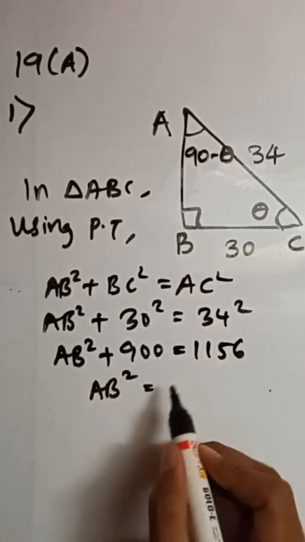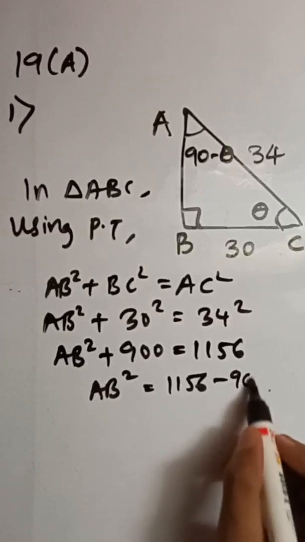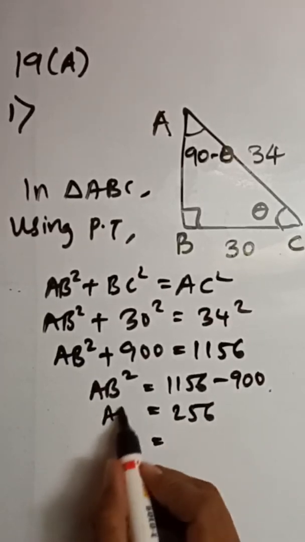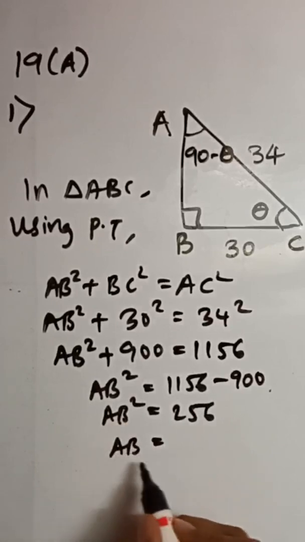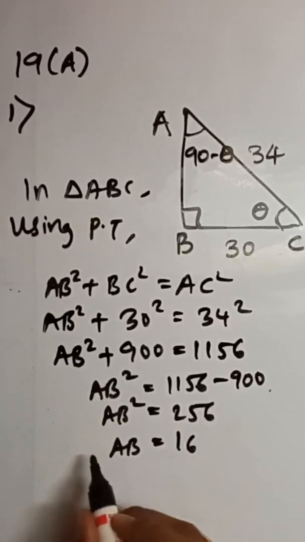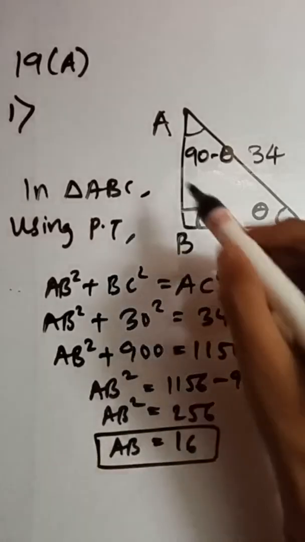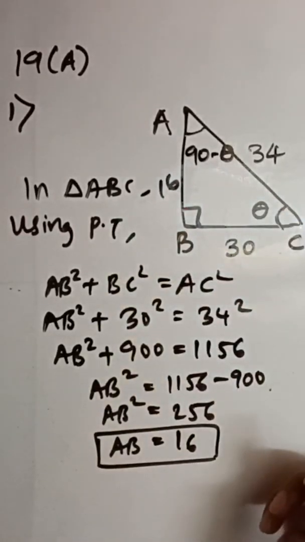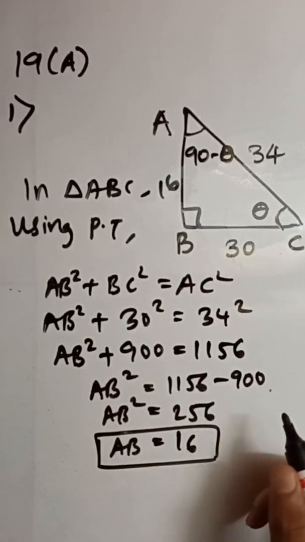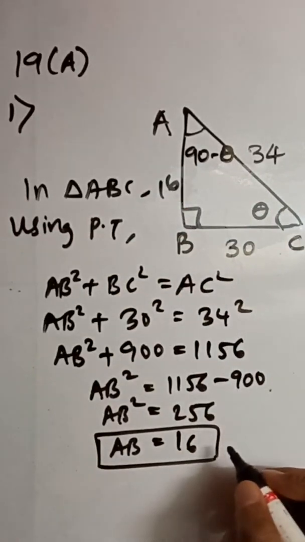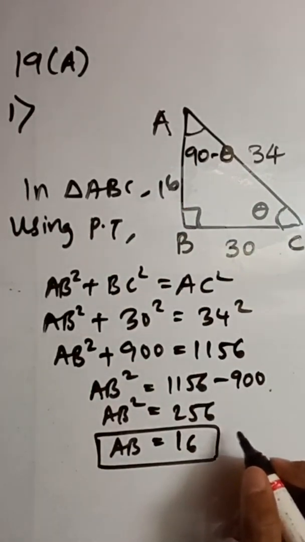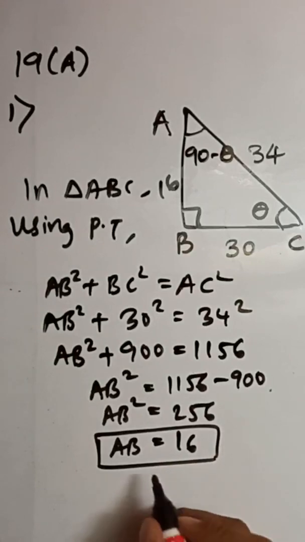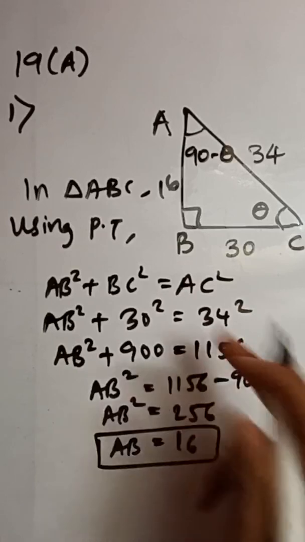So AB square equals 1156 minus 900, that is 256. So we take square root on both sides, so this will become 16. AB is 16. Okay, AB is 16. Now once we have AB, okay, copy this first.